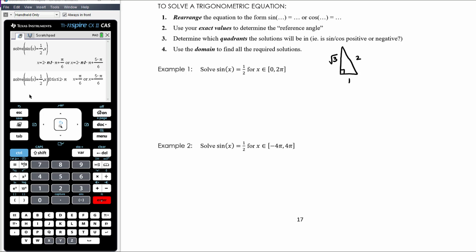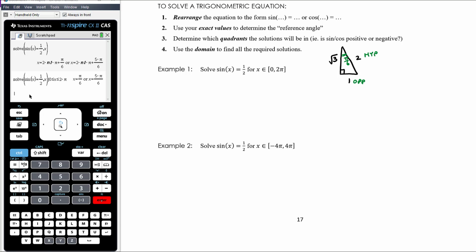And we want to think about, well, if sine of x has to be equal to 1/2, that means I would need 1 to be the opposite and 2 to be the hypotenuse, so that sine, opposite over hypotenuse, is 1/2, and therefore I must be talking about this angle up the top here, and that angle is pi on 6. So in this case, pi on 6 is my reference angle. All my solutions are going to be connected to pi on 6. That doesn't necessarily mean that pi on 6 is a solution to the equation. In this case it is, but it doesn't always mean that.